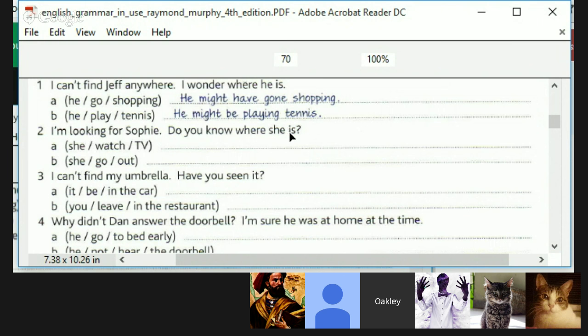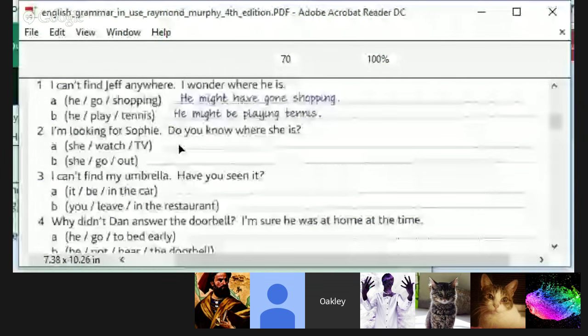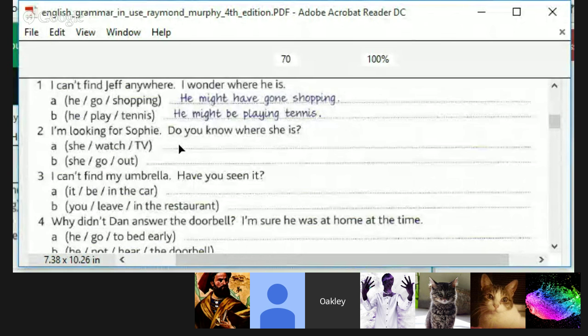So I'm really asking, where is she right now? Nope. We don't need to use past tense. We can use present tense. She might be watching TV. That's it. Exactly. Or on letter B, she might be going out.